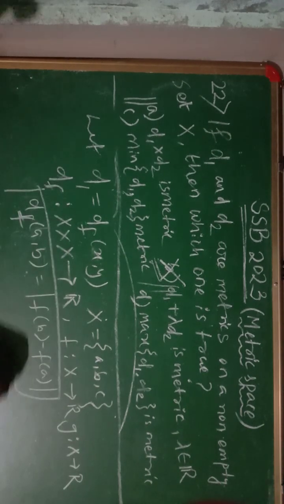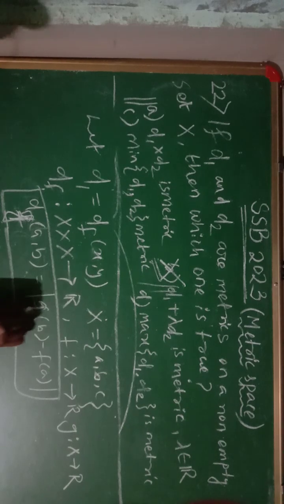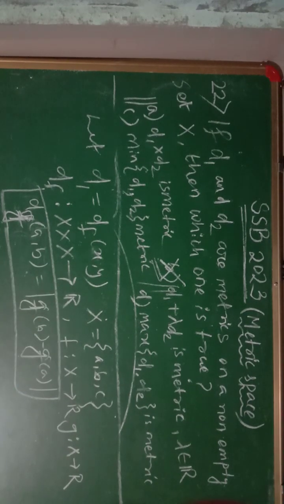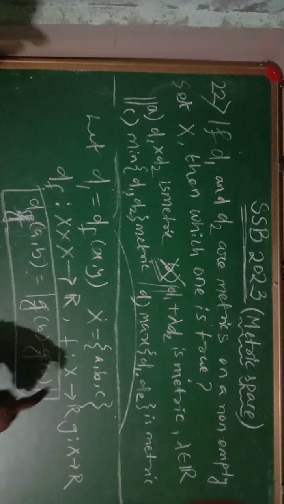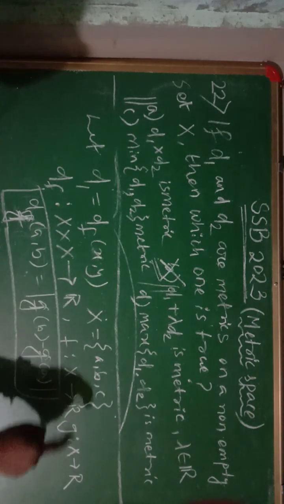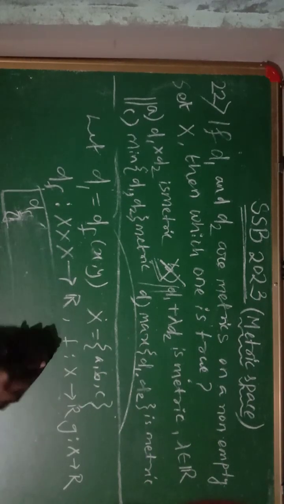Similarly, DG of A comma B equals modulus of G of B minus G of A. Now we have to define well-defined functions F and G.